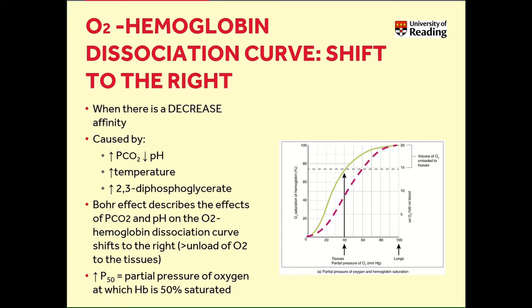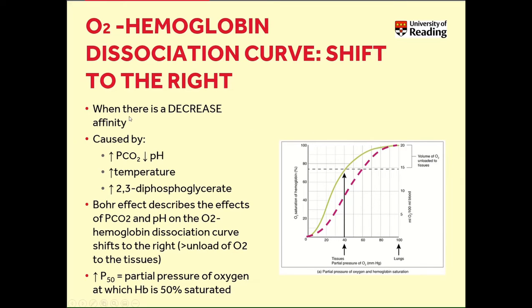And at this concentration, 2,3-DPG can bind to the deoxyhemoglobin, and by doing so reduces the affinity of hemoglobin for oxygen. That's why this results in a shift to the right of the oxygen hemoglobin dissociation curve. And obviously this facilitates the release or the unloading of oxygen to tissue encountering long-term hypoxia.